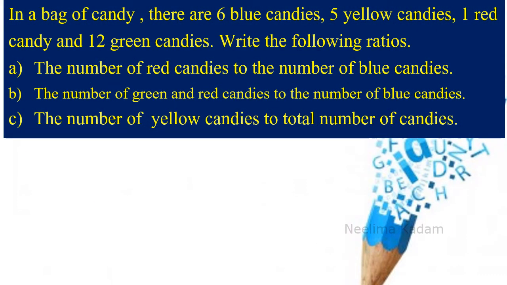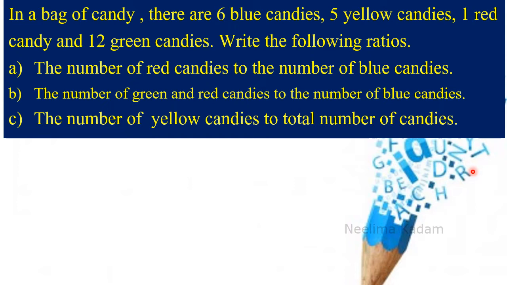Now some examples on these ratio and proportion. Now there is a bag of candy. Now read the example carefully. There are 6 blue candies, 5 yellow candies, 1 red candy and 12 green candies. Write the following ratios. Okay.